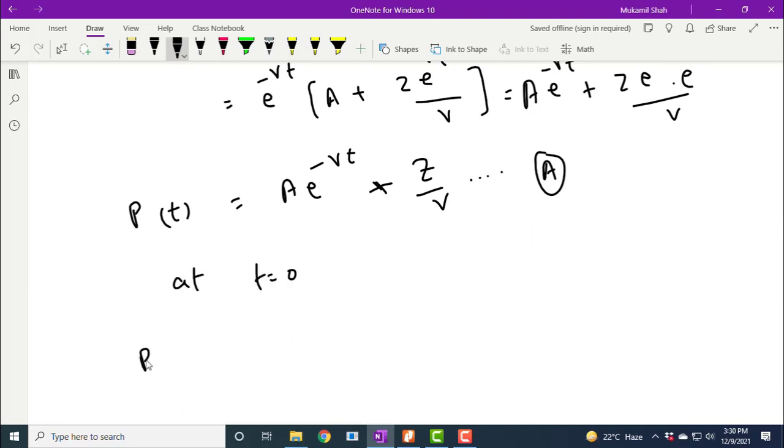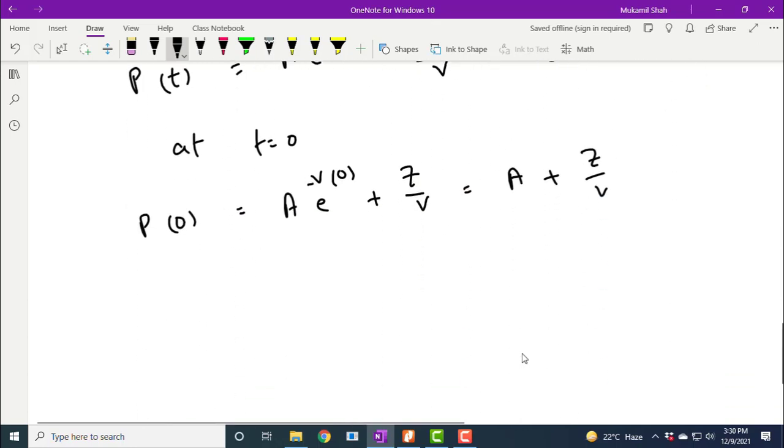So it will be p of 0, this is equal to a e raised to the power 0 plus z over v, or this is equal to a plus z over v. If we solve it for a, you have to shift z over v to the left hand side. It will be p of 0 minus z over v, this is equal to a. So this is the value of a.